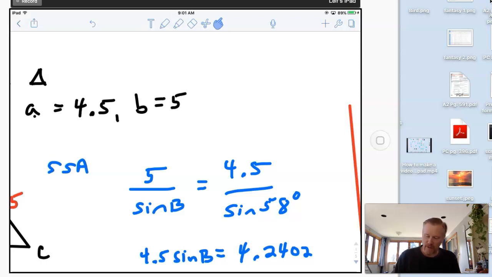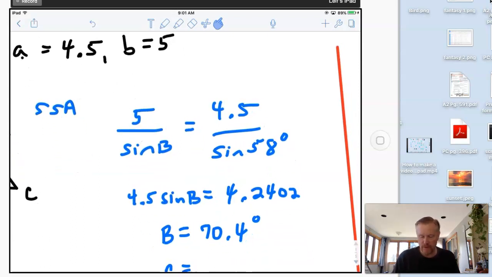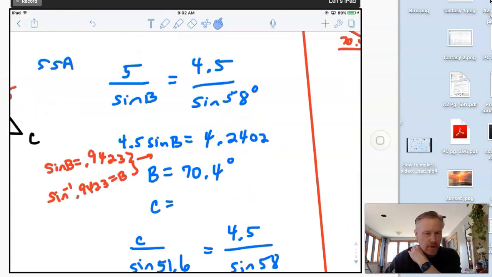And then if I divide by 4.5 and do the inverse sine, maybe I'll even fill in that step for you, especially since it's the first one. So I filled in those two steps in case anybody's struggling with how I got from 4.5 sine of B equals 4.2402 to B all of a sudden magically being 70.4. Make sure you're in degrees, not radians.